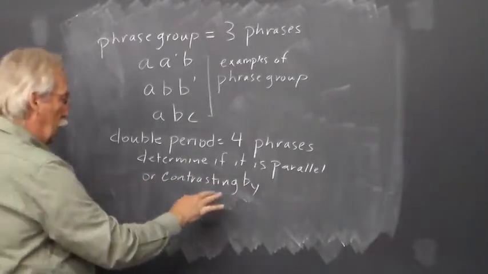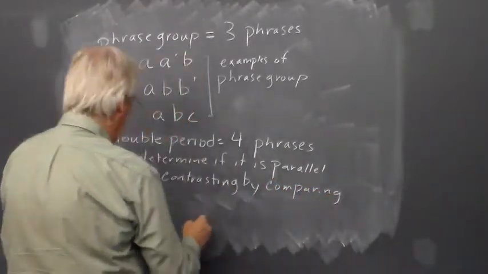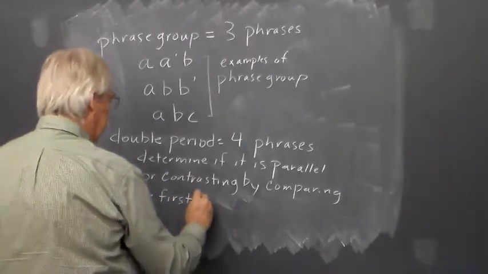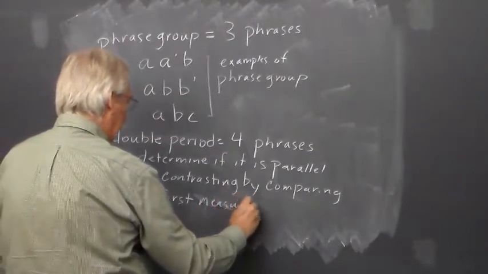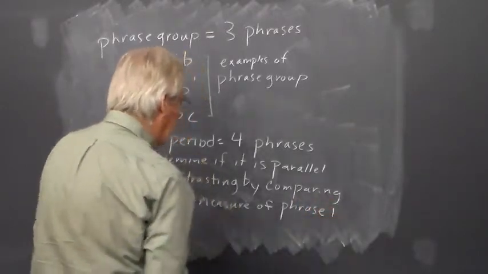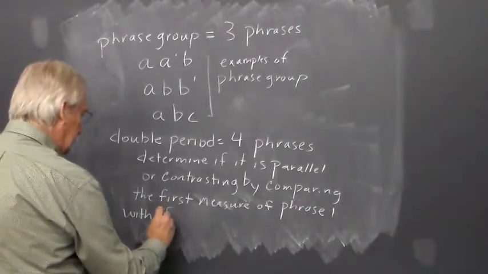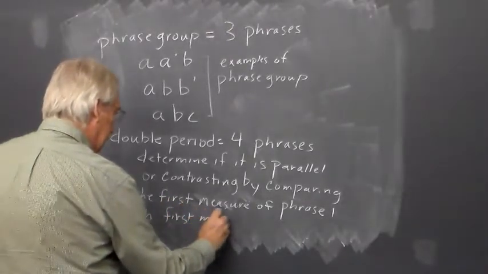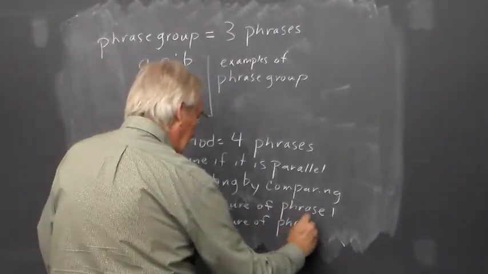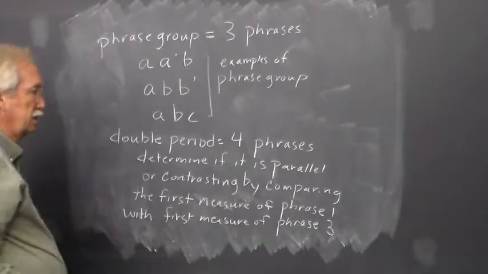So you determine if it's parallel or contrasting by comparing the first measure of phrase 1 with the first measure of phrase 3. And then use parallel or contrasting.